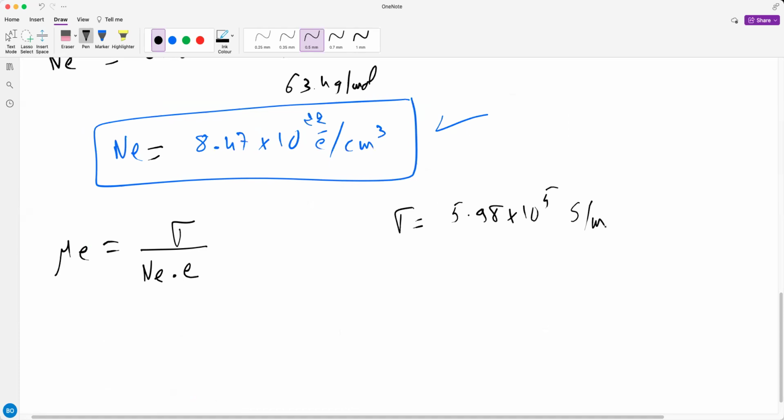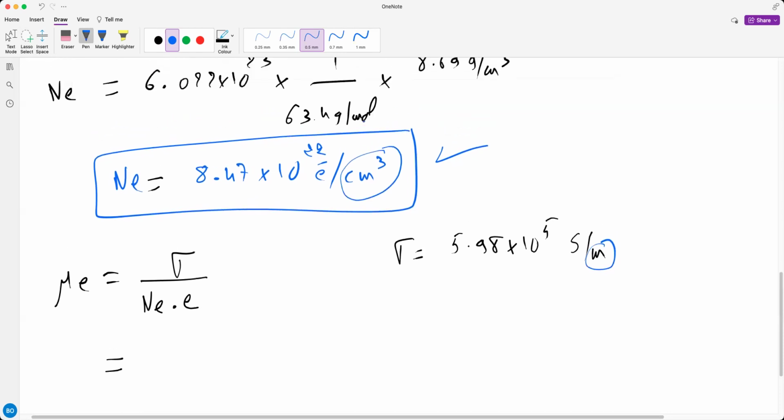What is the next step? Just plug it in. But remember, please, this is in meters and this is in cubic centimeters. Before plugging it in, you need to convert everything to meters, for example.